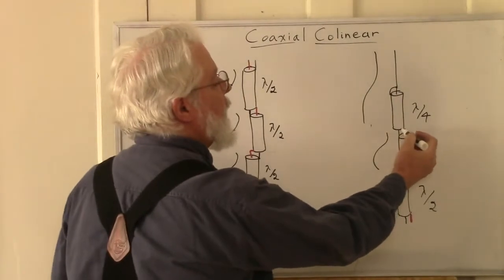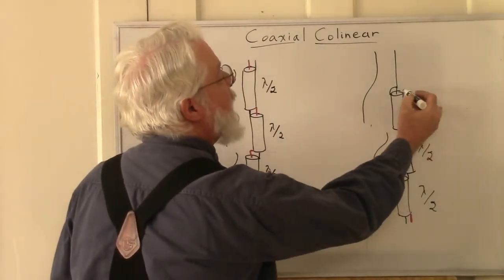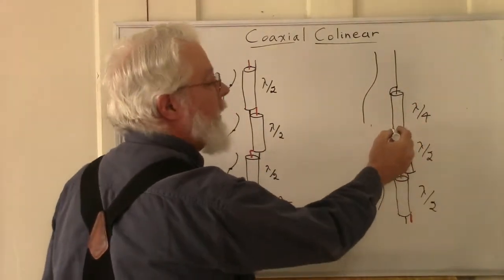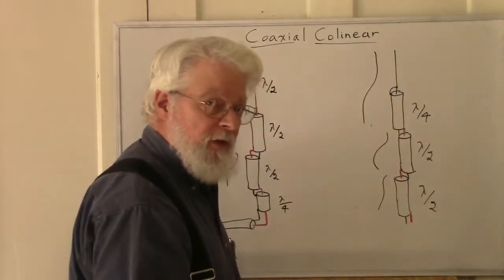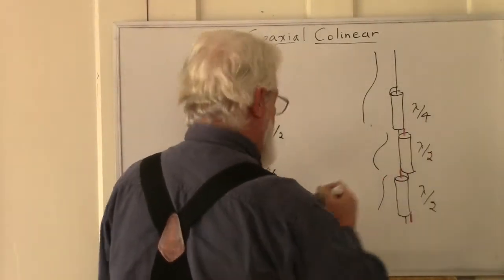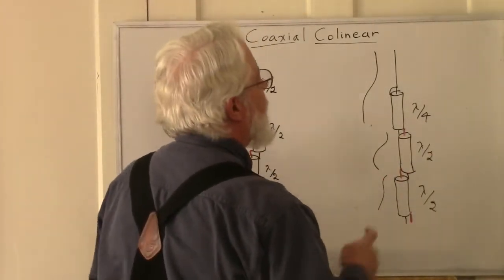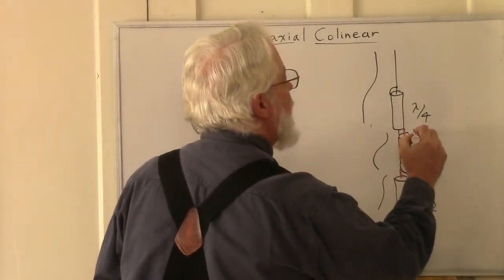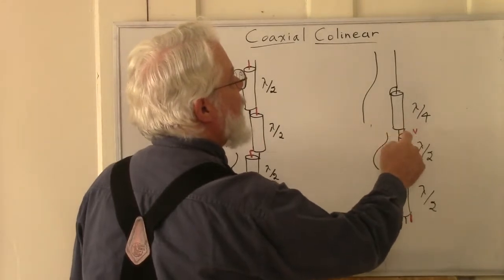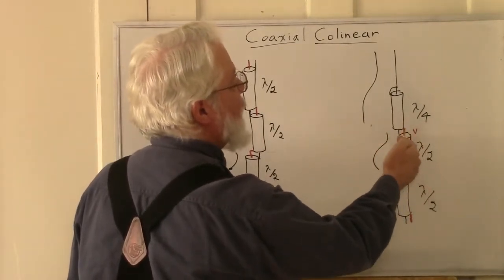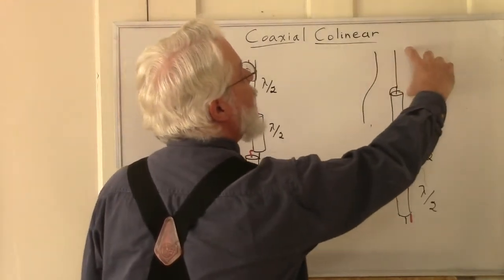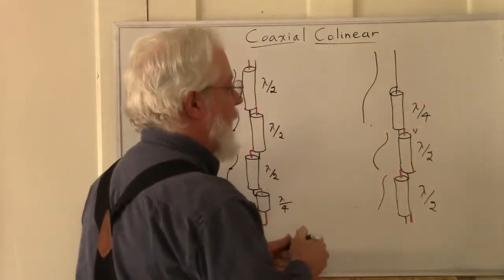This quarter wave section is terminated in a dead short. A dead short is seen at the input to a quarter wave section as a voltage node. So again, we have a voltage node, we have a current induced by the half wave below it, we have a current flowing on the outside, which is continued in just a simple quarter wave wire.